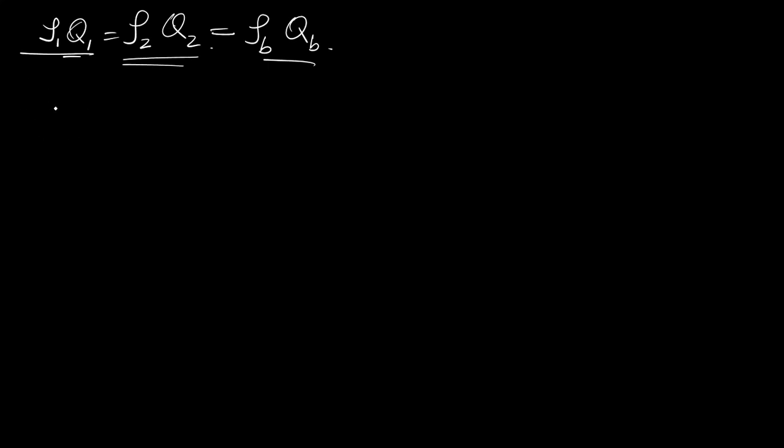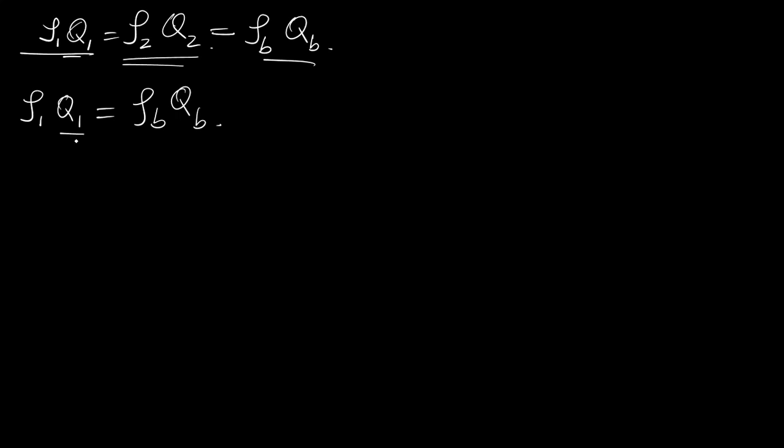So that means the product of density and the flow rate at section 1, which is the inlet, is equal to the product of density and flow rate at the standard condition.